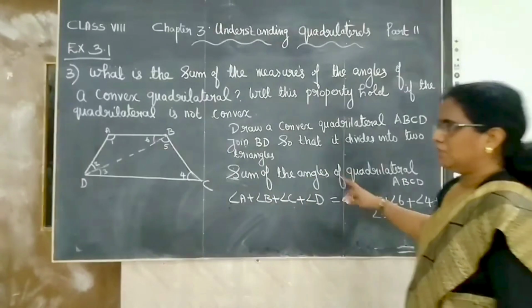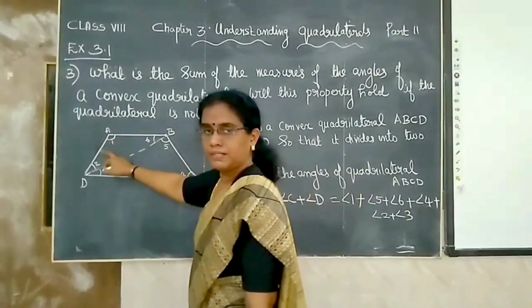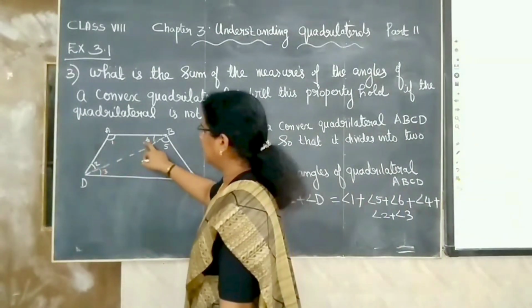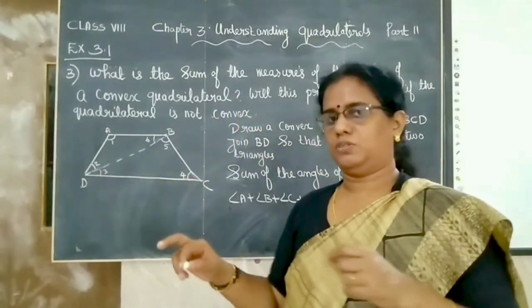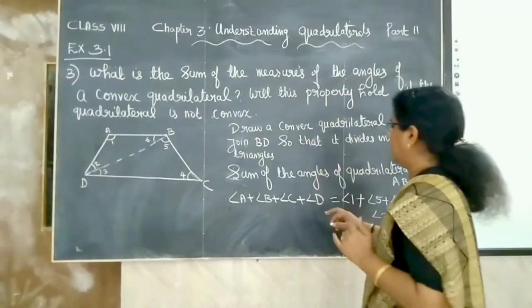Now you can see angle 1 plus angle 2 plus angle 6, these are the 3 angles of a triangle. So we will write it together.